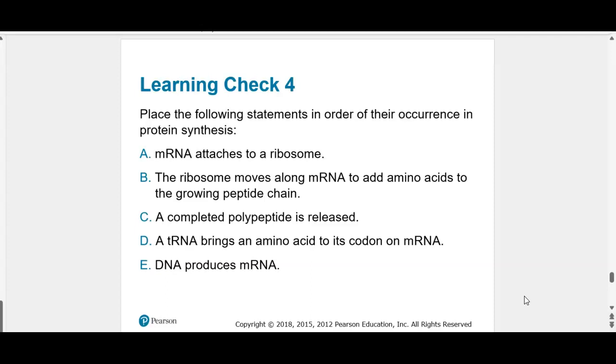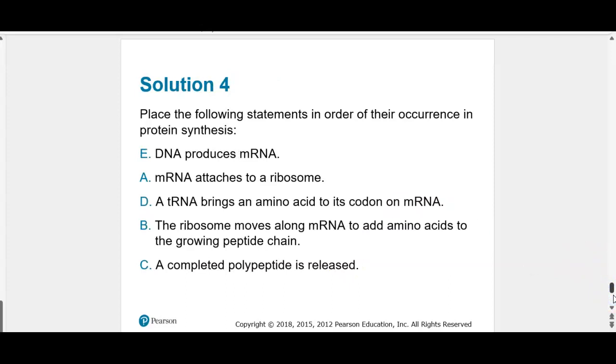I didn't mention the transfer RNA in that statement, but that's what's happening. Once the messenger RNA is in the ribosome, the transfer RNAs start coming in, start getting attached, and go through this process. So you see those are the sequence we had.